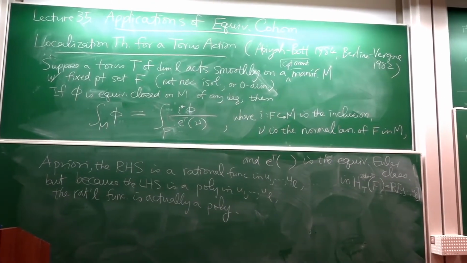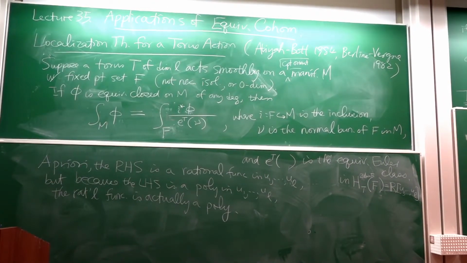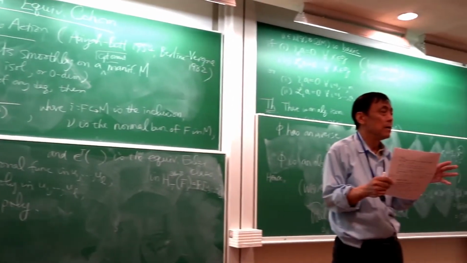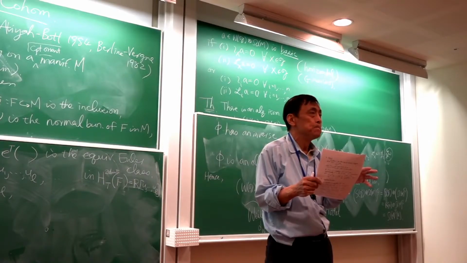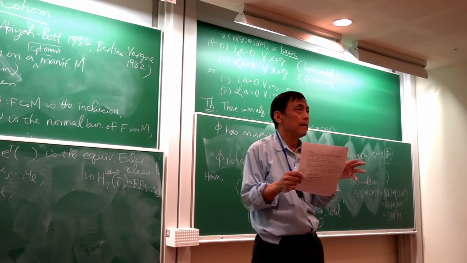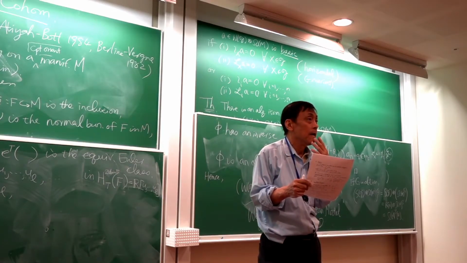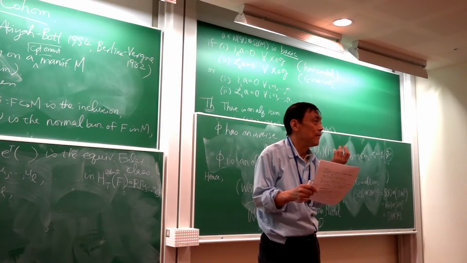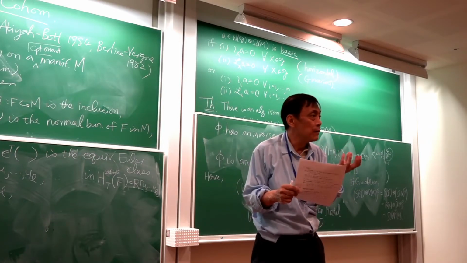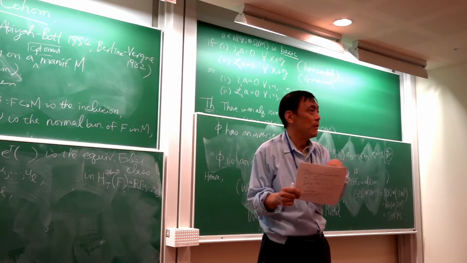Now, in evaluating that sum, you have to know what the function f is at the fixed points. So in problem set 4, I ask you to compute on CP2, and you don't need to know what the function f is, because all you need to know is the values of that function at the fixed points, right?